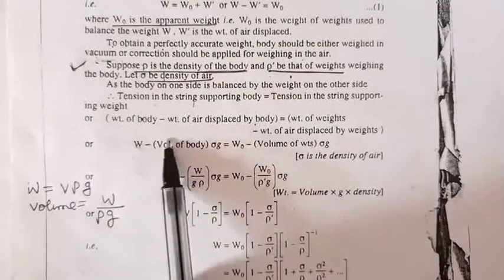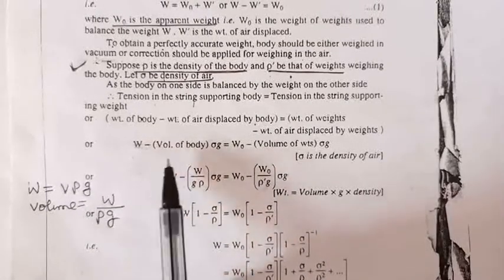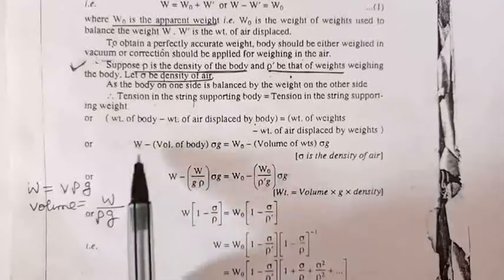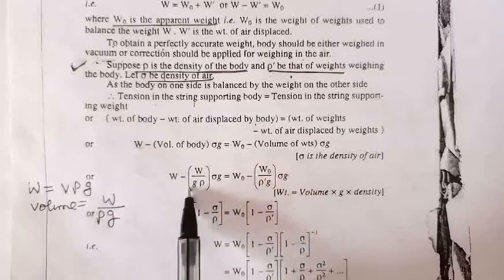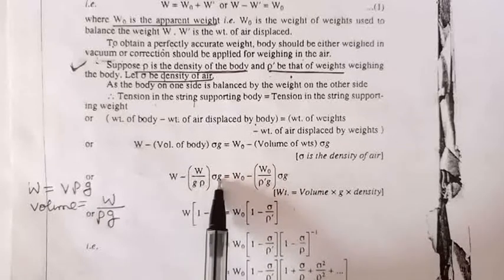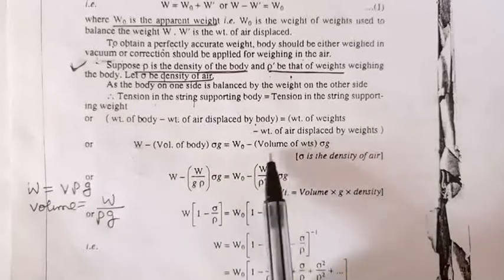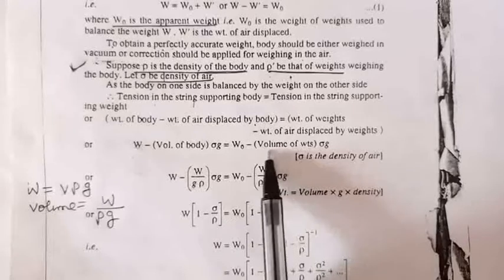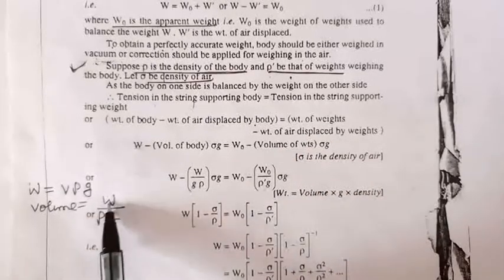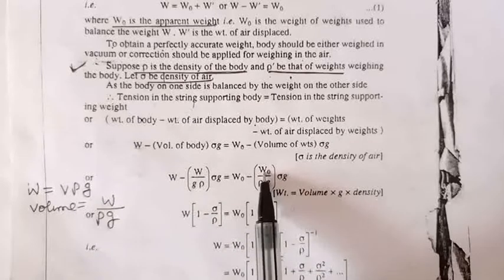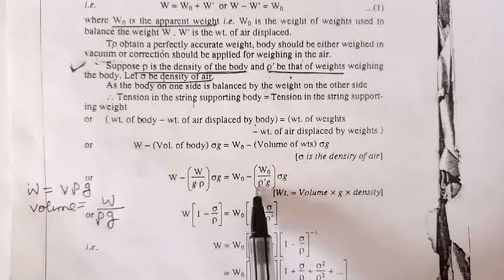So you can substitute the value here. Volume of the body is W upon rho g. So the left hand side will become W minus W upon rho g into sigma g. On the right hand side also, we require the volume of the weights, which we can again find by using the same formula. But here we will use the weight of the weights, which we have taken as W naught, and the density of the weights, which we have taken as rho dash.